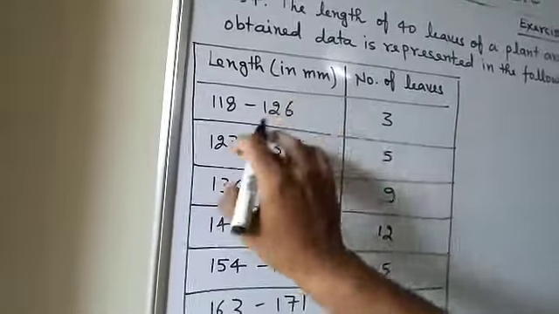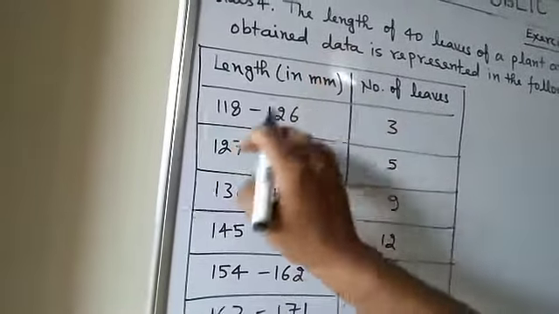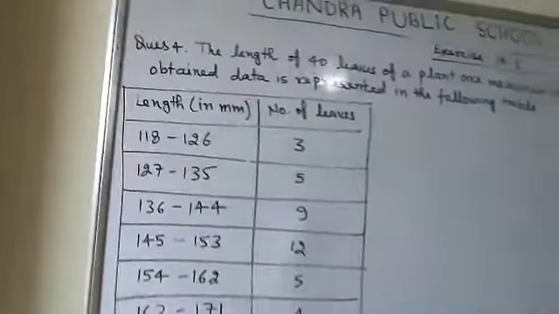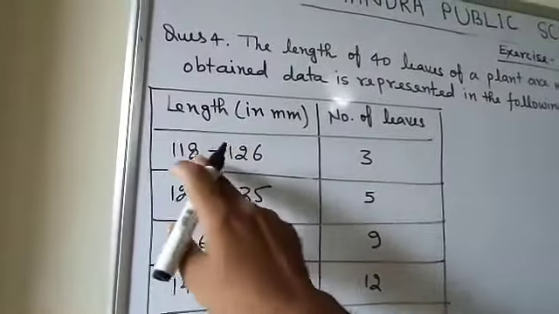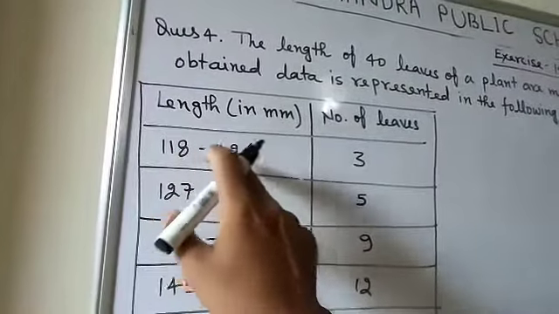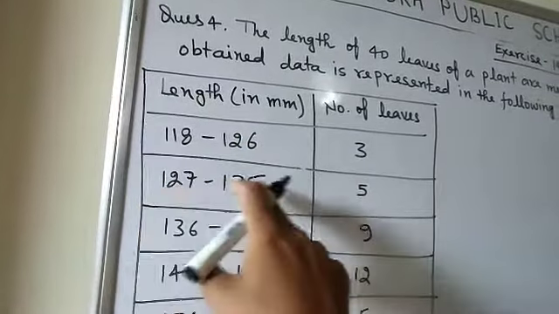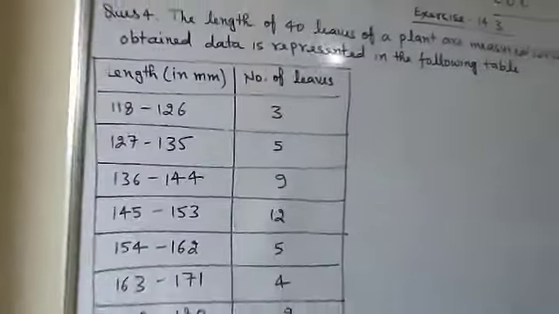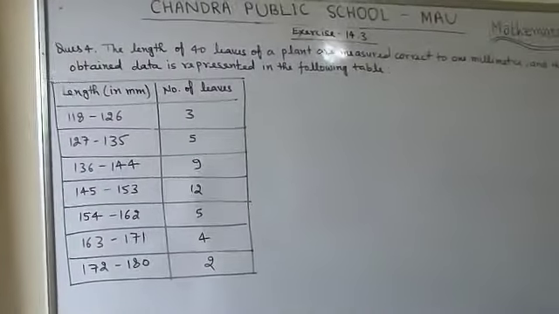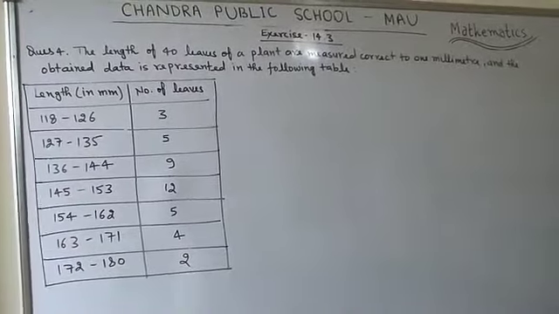If there is a gap between the upper limit and lower limit of two successive classes, then it is discontinuous. It would be continuous if it were given like this: 126 to 126, and if it is 135, then here it should be 135. So here the table is given discontinuous.